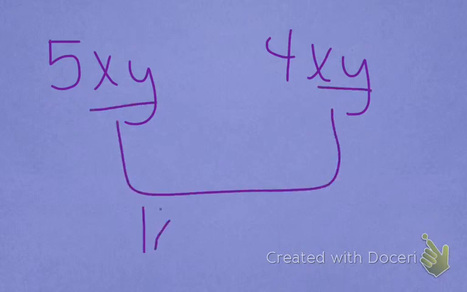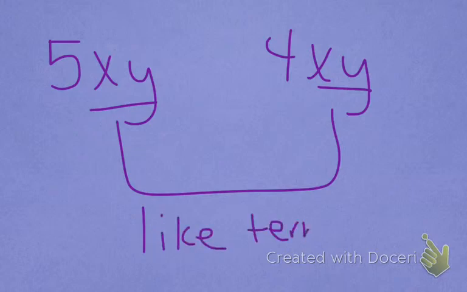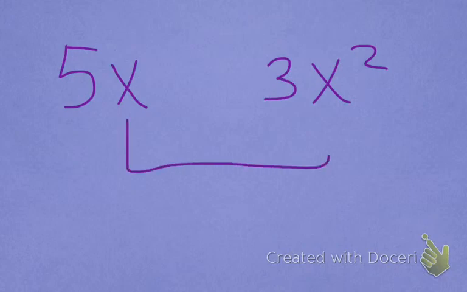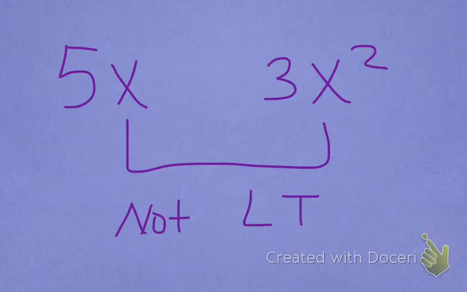Okay, now if I had 3x and 3x squared, these are not like terms, because one has a square on it and one does not. They have to have the exact same variables and exponents.